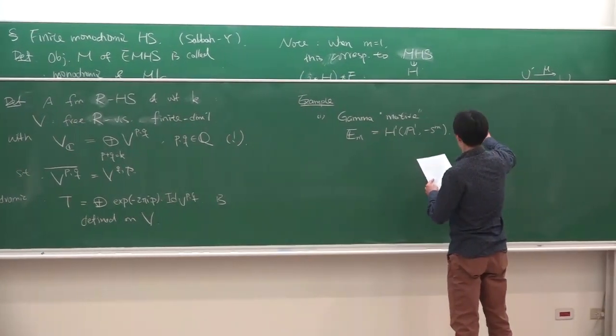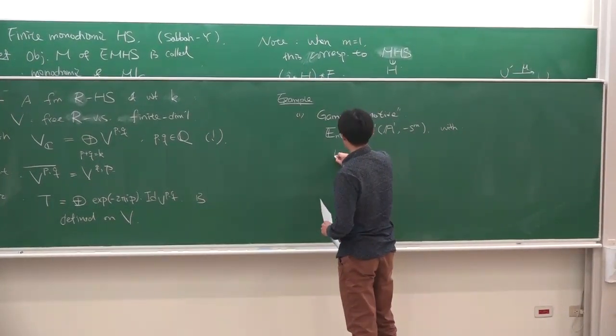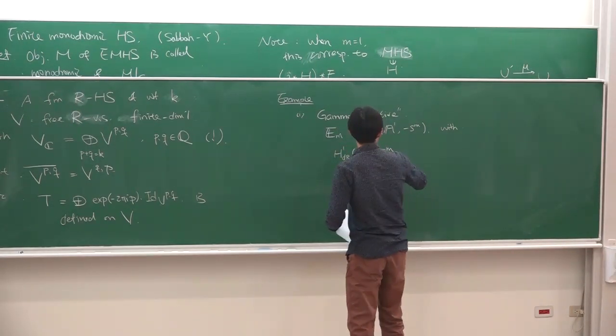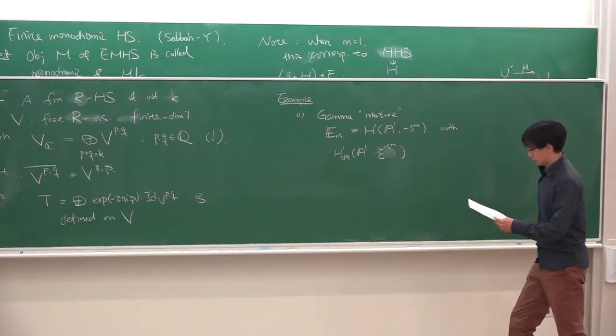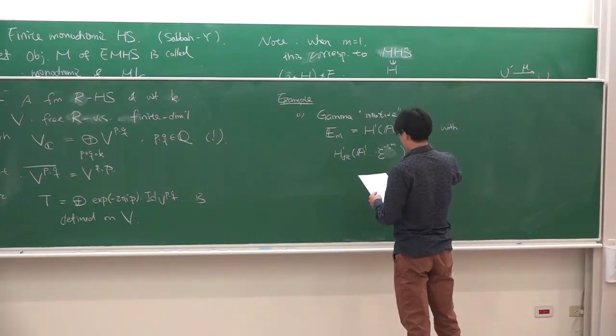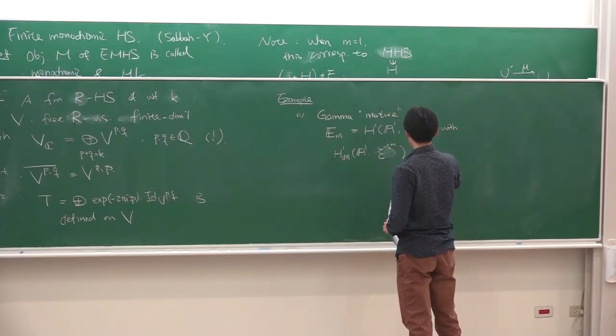First, the Hodge part. It's probably better to write this one to be more consistent. This is generated by the following elements.